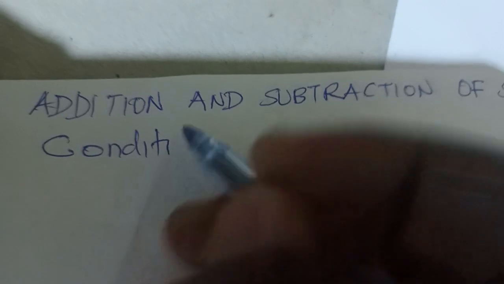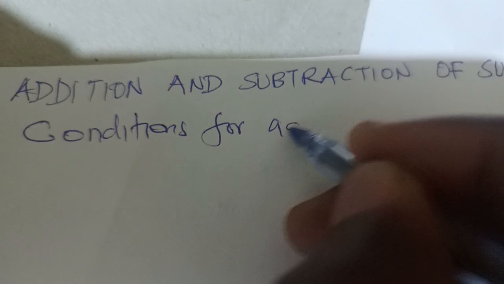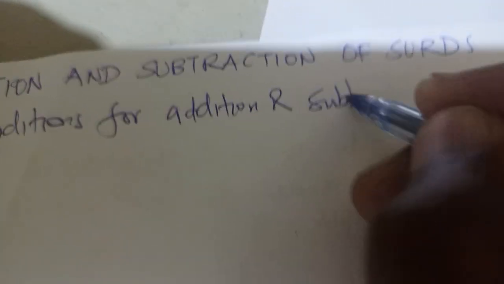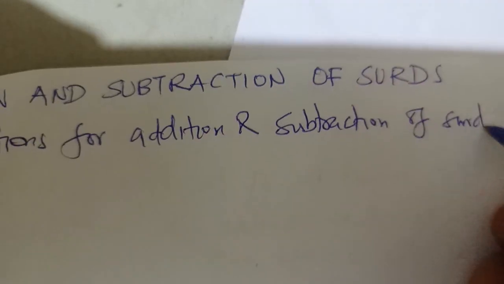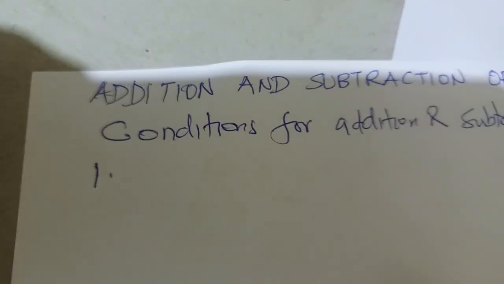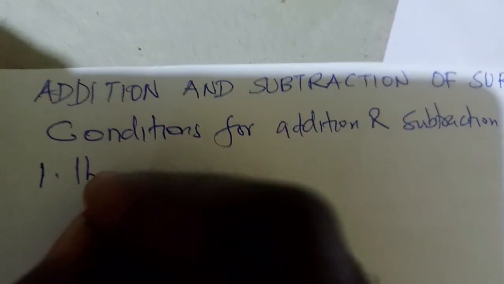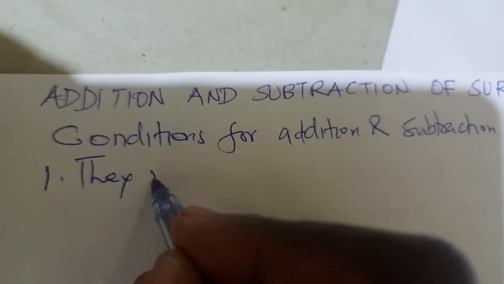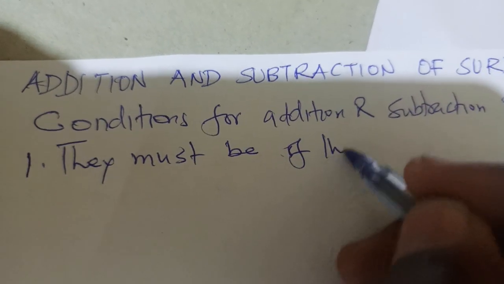Conditions for addition and subtraction of surds. There are two conditions and both must be fulfilled, not either. So one is that the two surds, or more surds, to be added or subtracted must be of the same order.